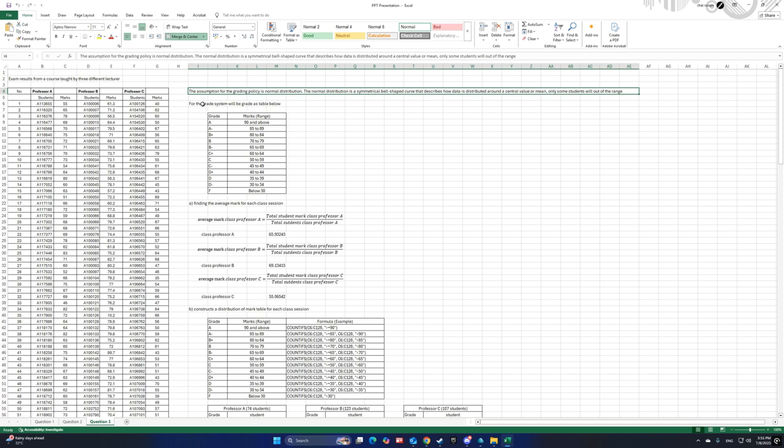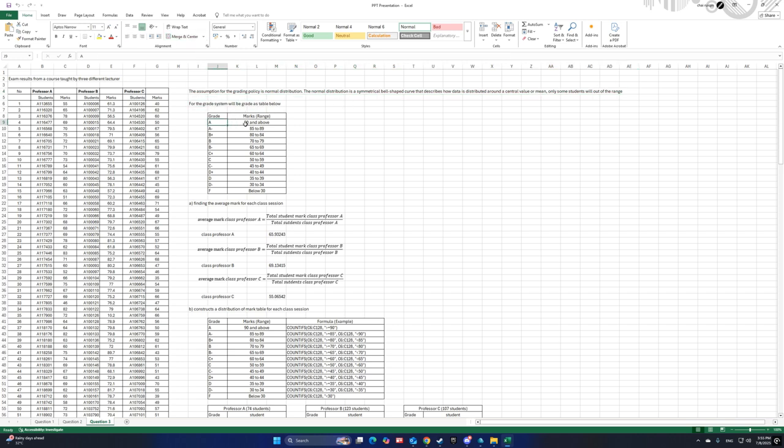For the grade system, I will use this system. A is 90 and above, A minus is 85 to 89, B plus is 80 to 84, B is 70 to 79, B minus is 65 to 69, C plus is 60 to 64, C is 50 to 55, C minus is 45 to 49, D plus is 40 to 44, D is 35 to 39, D minus is 30 to 34.